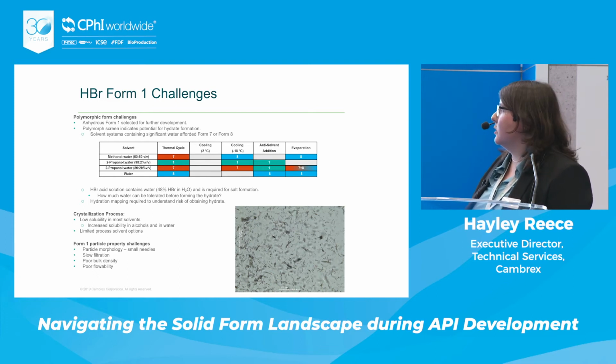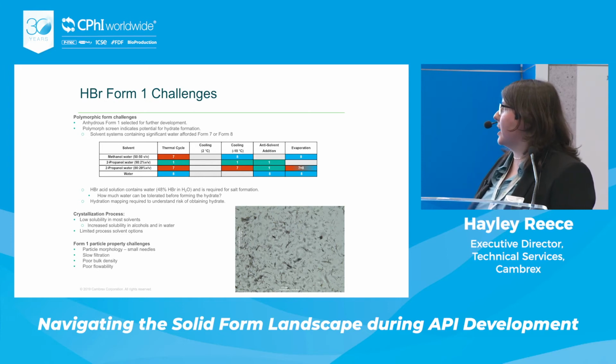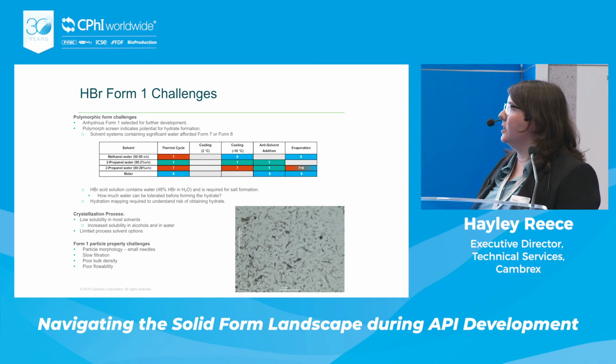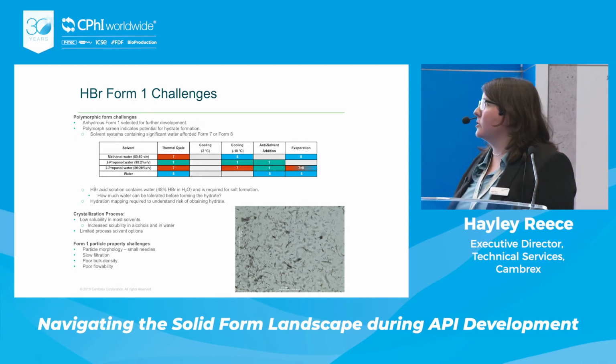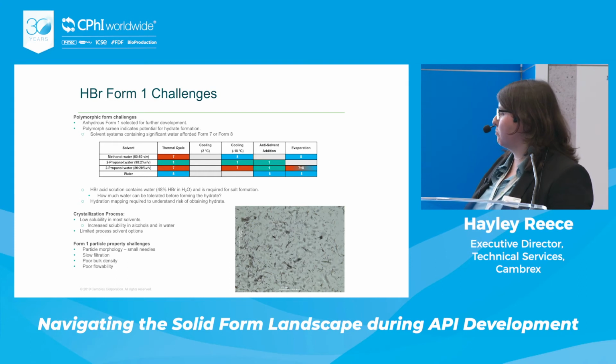The density was very poor, poor flowability, and very difficult to handle. It also filtered very slowly as well. So from a crystal perspective, a solid handling perspective, it wasn't looking great, at least from the initial screening work that was carried out. So really there were a few different challenges that we needed to look into for this Form 1 material.